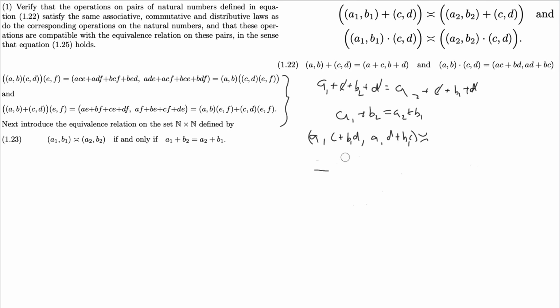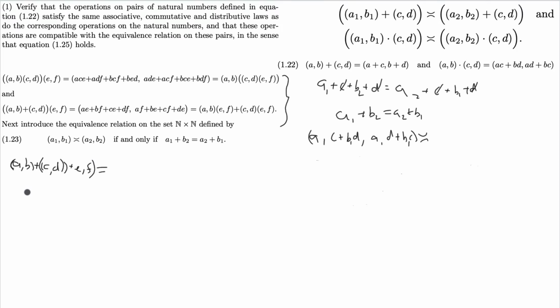So let's proceed with the addition, and let's try to prove the associativity. That means that (a,b) plus (c,d) plus (e,f) is equal to, and let me put some parentheses in here, the same thing with the parentheses moved in the standard associative way.